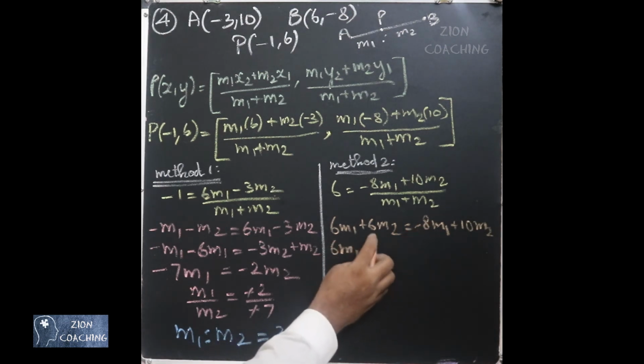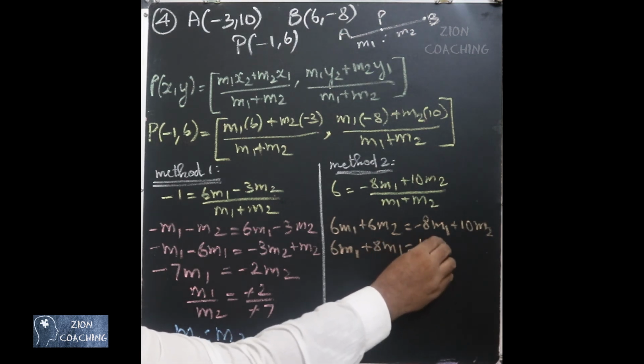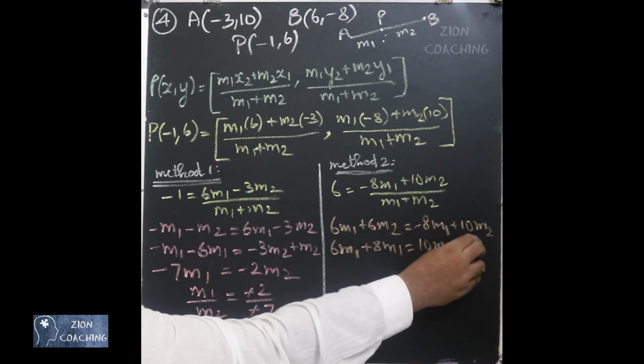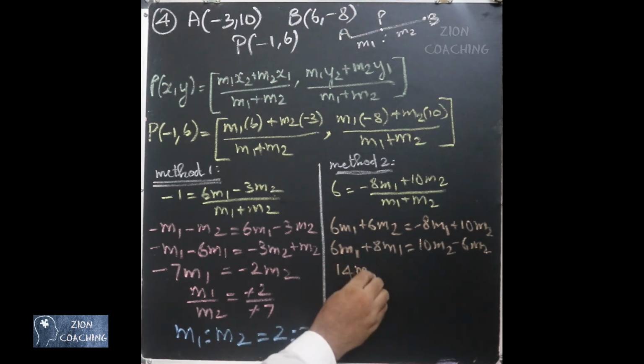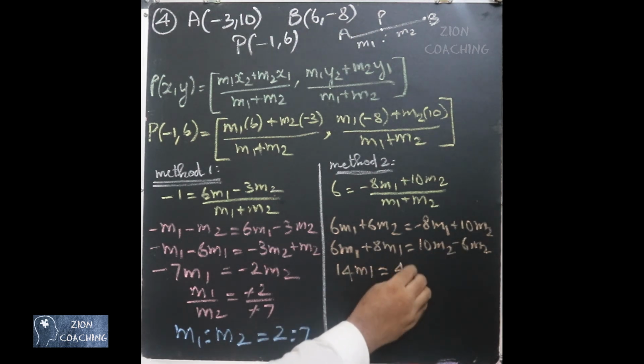Bring that minus 8m1, then it will become plus 8m1, equal to 10m2 is already there. Take this 6m2 to the other side, you will have minus 6m2. So that is going to be 6 plus 8 is 14m1 equal to 10 minus 6 is 4m2.